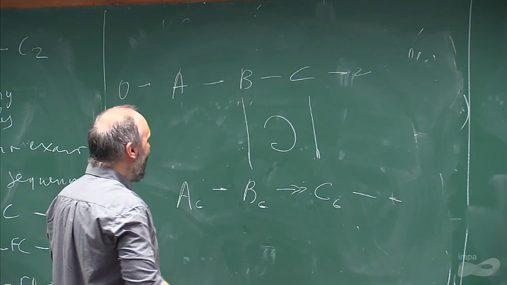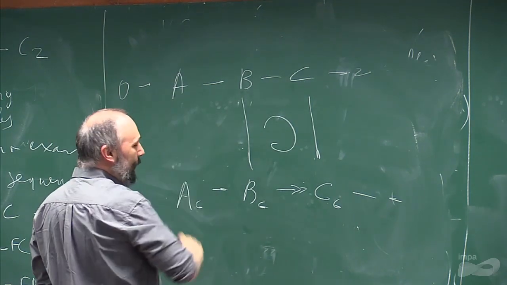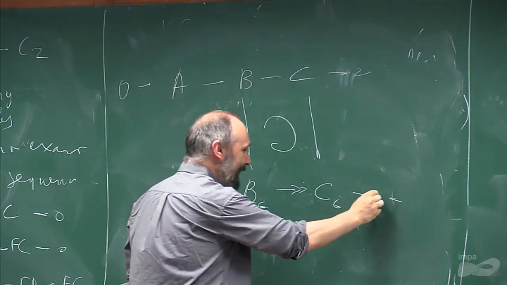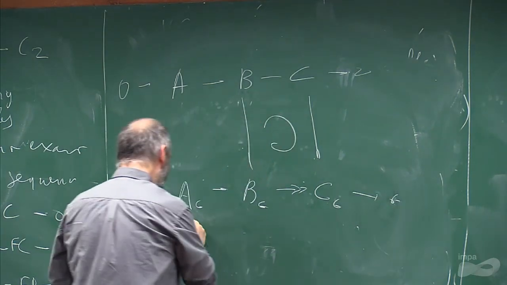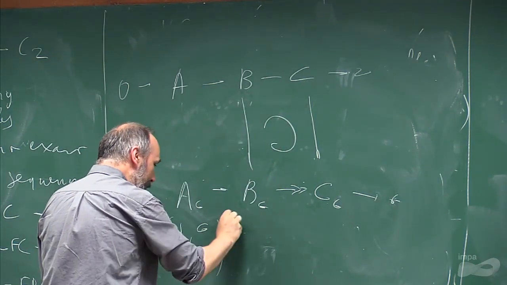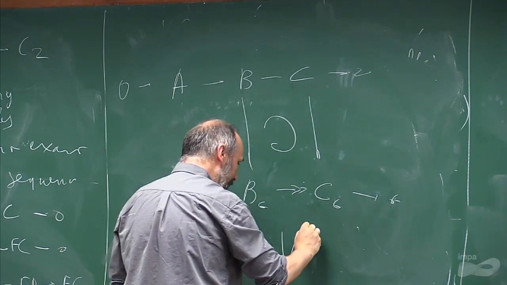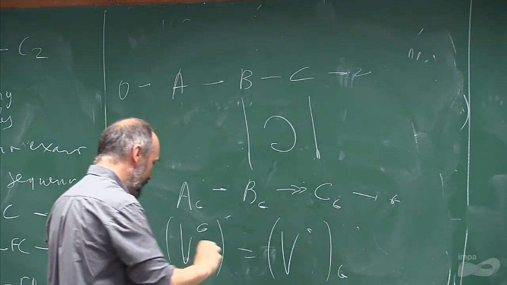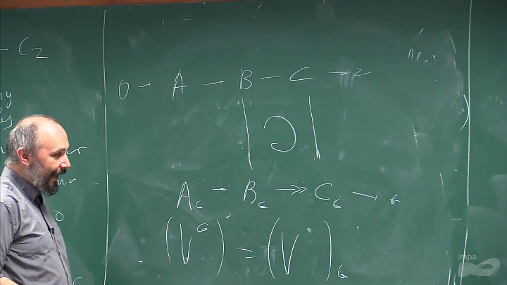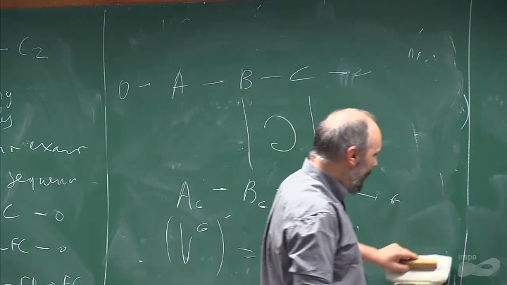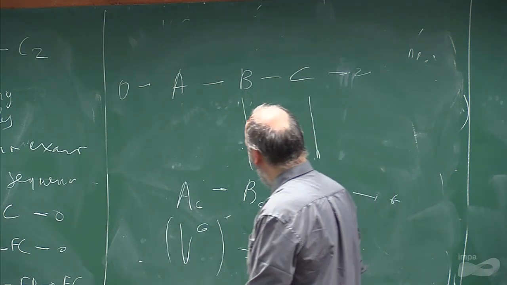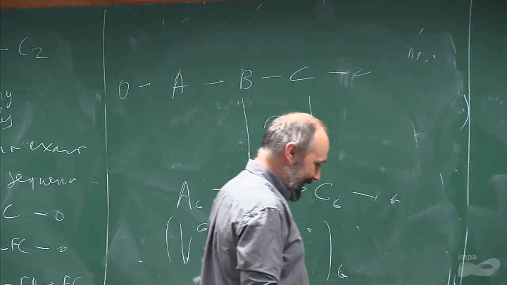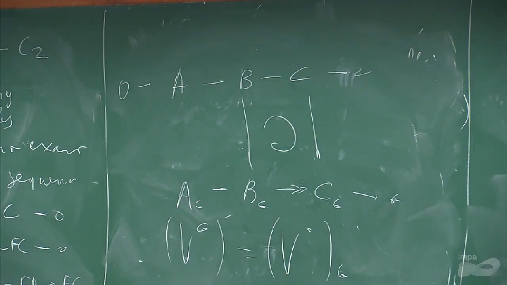But then, well, you can check. Probably it's easier to check that if you really prove that (V_G)* is (V*)^G, so duality exchanges invariants and coinvariants, then I will leave it as an exercise. It's easy. It's what is called diagram chasing.